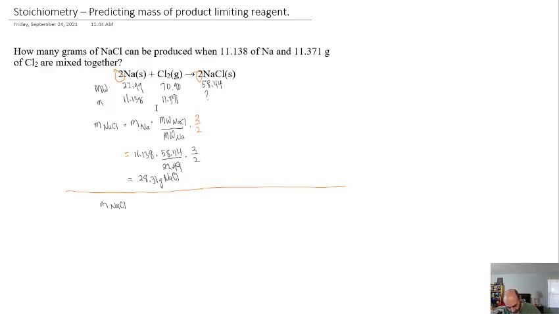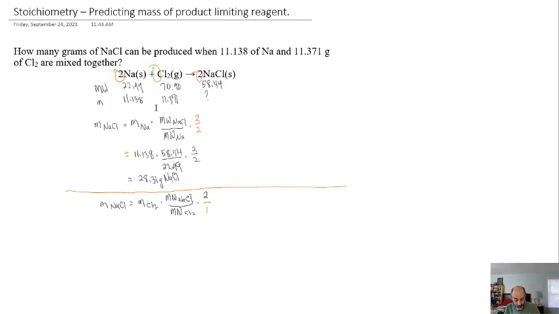So the mass of sodium chloride will be equal to the mass of Cl2 times the molecular weight of sodium chloride divided by the molecular weight of Cl2 times, now we have to look up the coefficients. The coefficient for sodium chloride is 2 as before, but the coefficient for Cl2 is an implied 1, so we'll put that there.